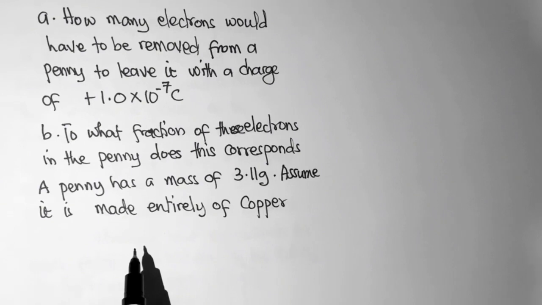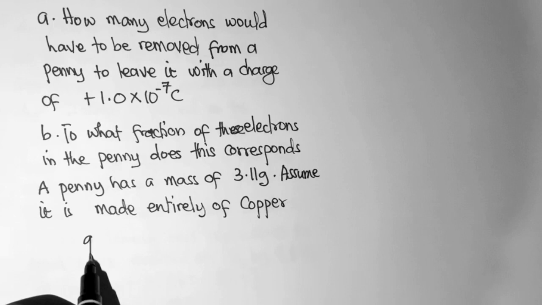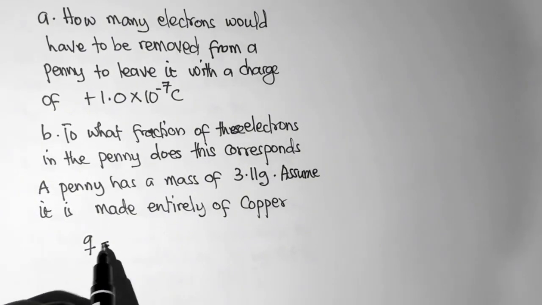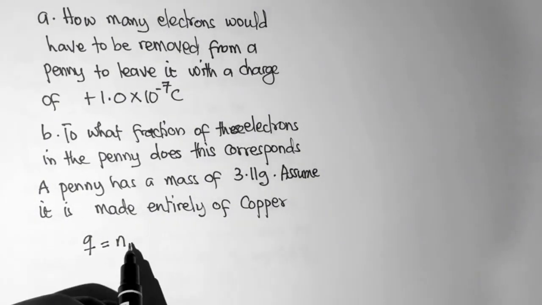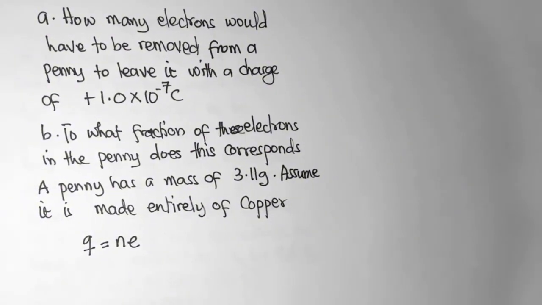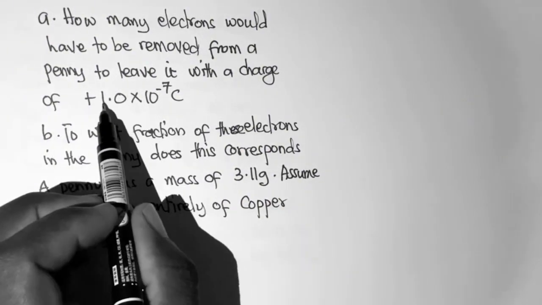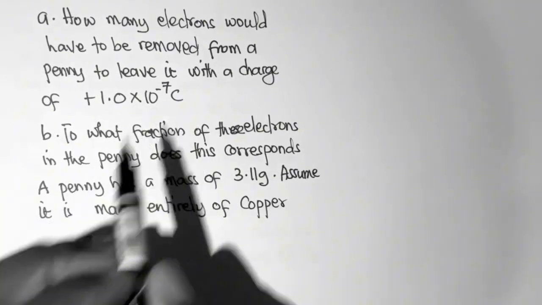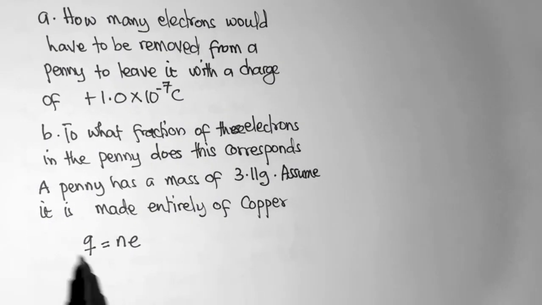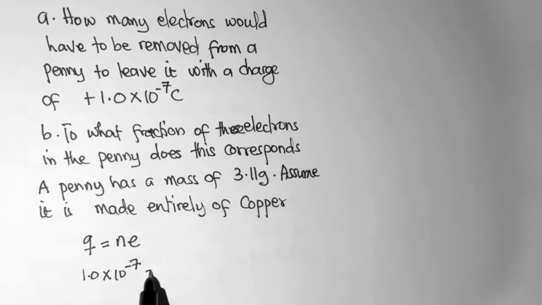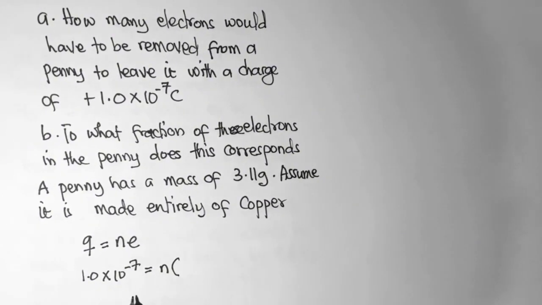So what it means is that the total charge on a system of electrons is equal to the number of electrons that are there times the charge of the electrons. In this case, we are talking about how many charges are going to sum up such that we get 1.0 times 10 exponent minus 7 coulombs. So the total charge here, Q, is 1.0 times 10 exponent minus 7 coulombs, and it's equal to the total number times the electron charge.